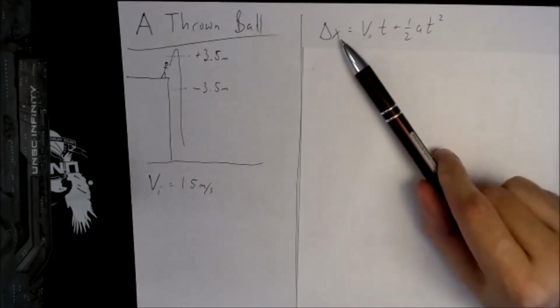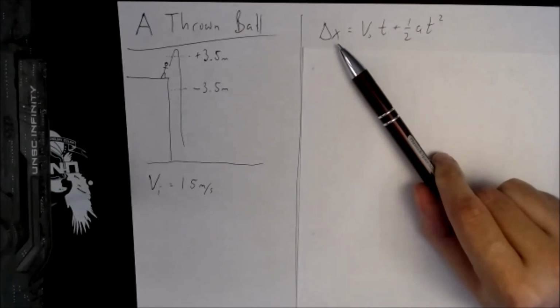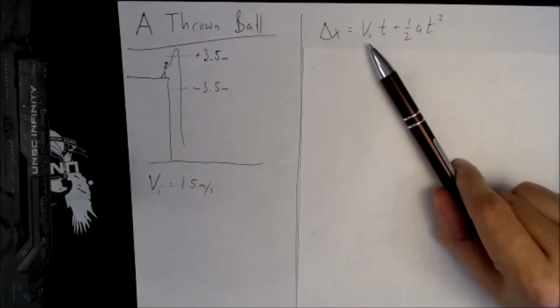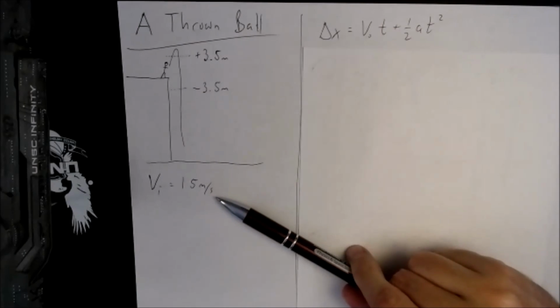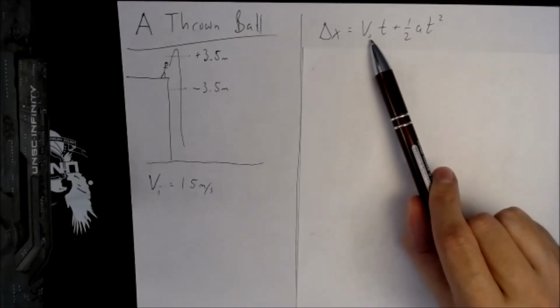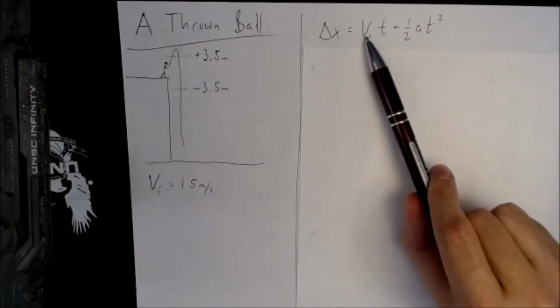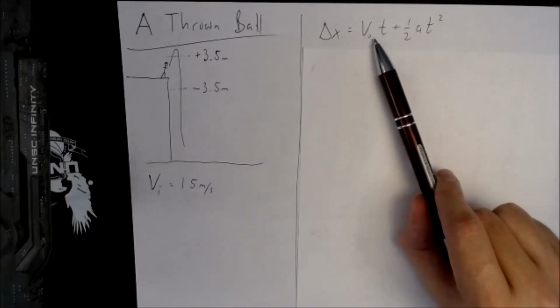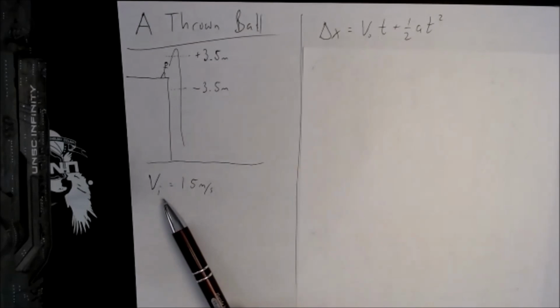Delta x can represent when it's 3.5 meters above your hand. That's completely fine. That's equal to initial velocity, which is 15 meters per second. Here, I have the subscript O, making this v naught, which is the exact same thing as v_i, the initial velocity.